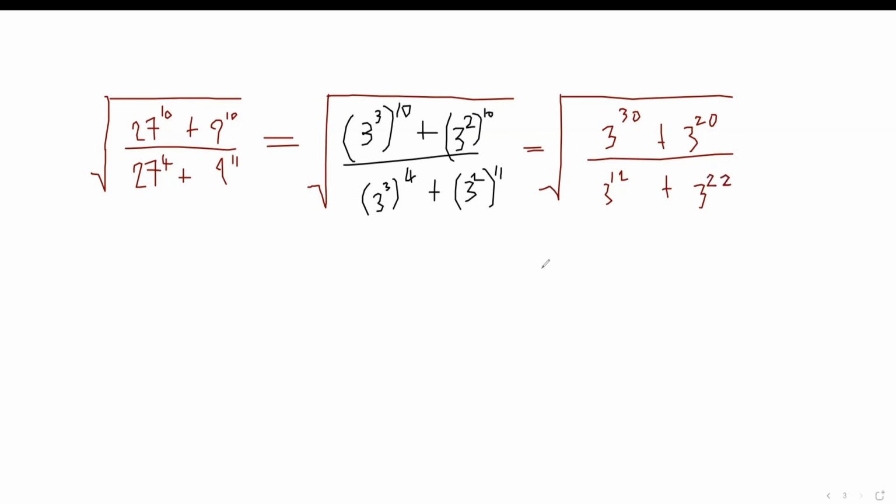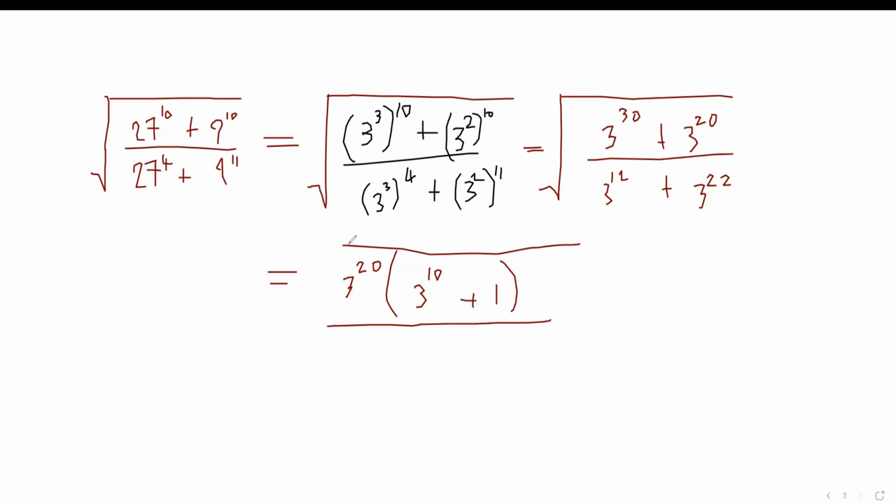Now, in that numerator I can factor out 3 to the 20, no? We're left with 3 to the 10 plus 1. Divided by, what can we factor out of the denominator?